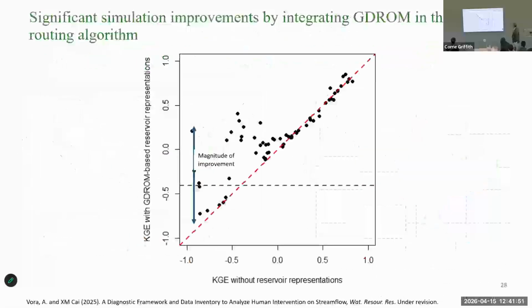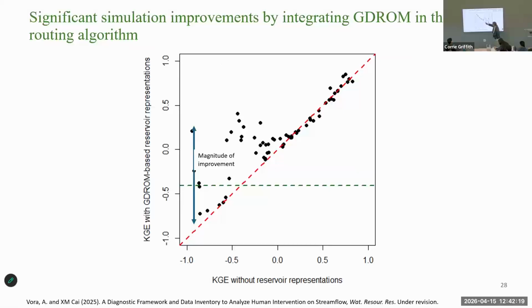So this is a general figure to show how, with our reservoir component, the model performance is improved. Basically, this is the KGE without reservoir representation, and this is the KGE with reservoir representation.